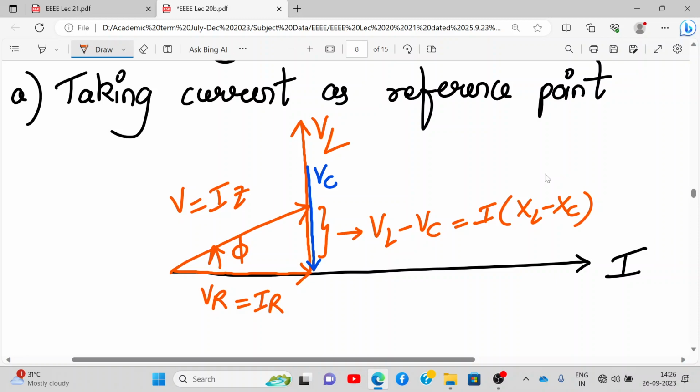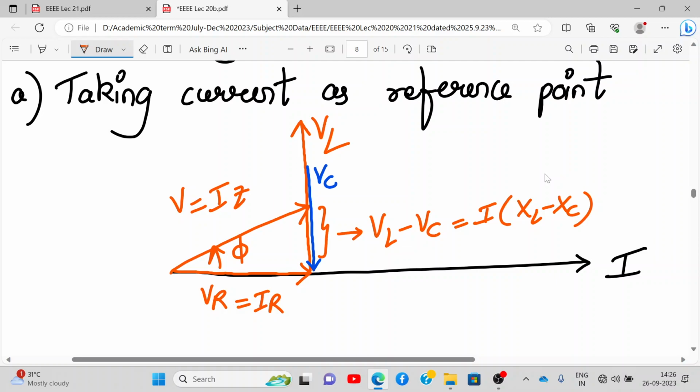This is for the case XL is greater than XC. Remember it, the circuit is inductive. This is the phasor diagram with arrows. From this, your voltage angle will come. What is phi called? Phase angle.